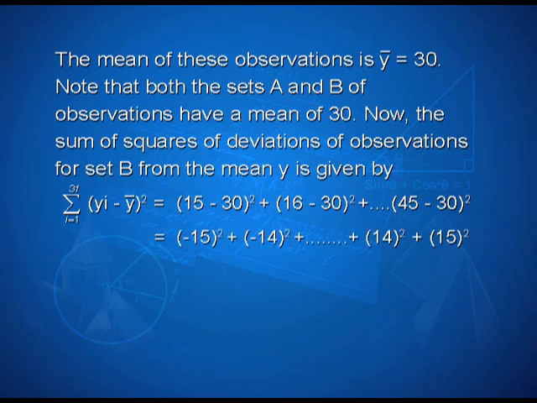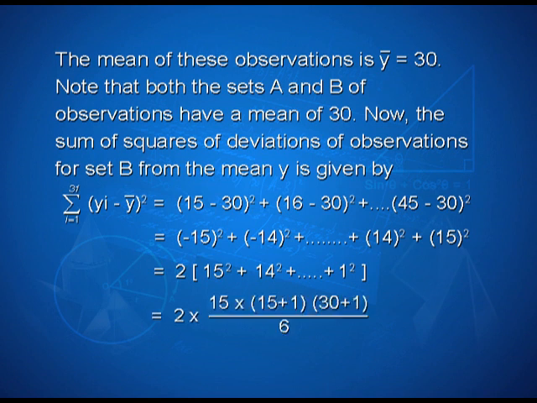This on calculation gives us (minus 15) whole square plus (minus 14) whole square and similarly 14 square plus 15 square, that can be solved as 2 into (15 square plus 14 square plus so on plus 1 square). That gives us 2 into 15 into 16 into 31 upon 6.